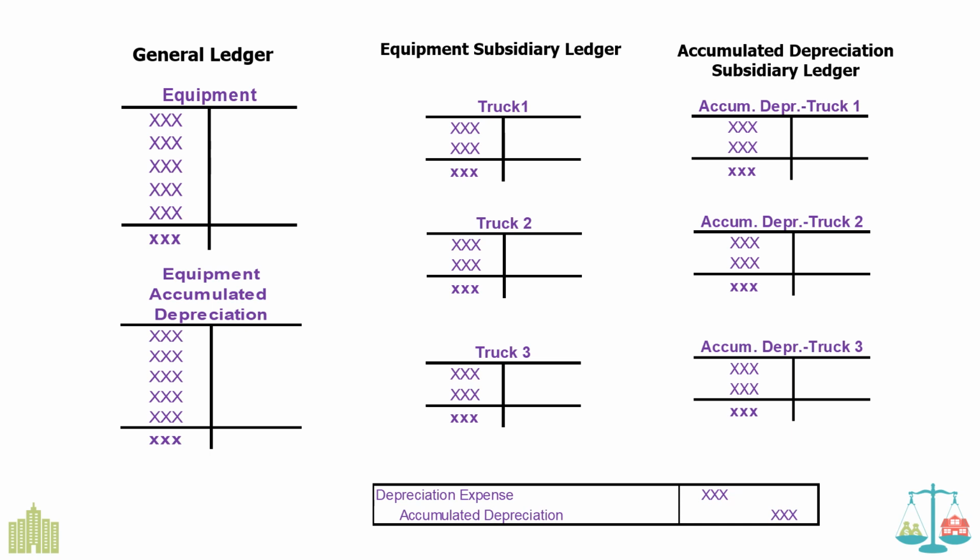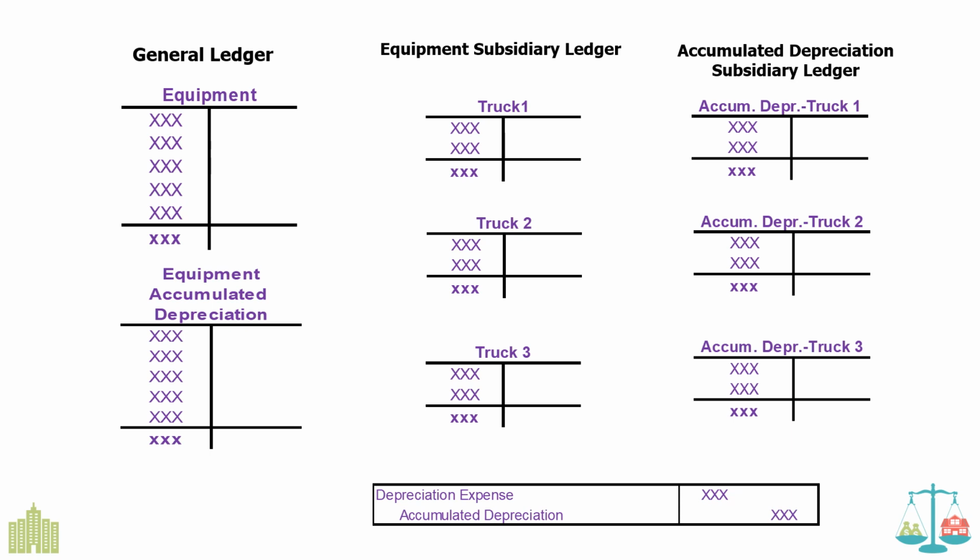See, I'm talking about an account in the general ledger called equipment, including trucks, and an account called accumulated depreciation that keeps the totals of all of our equipment and trucks, but a subsidiary ledger of trucks and equipment that shows the original capitalized cost of each of these individual items, and a subsidiary ledger for accumulated depreciation associated with that particular truck per se.